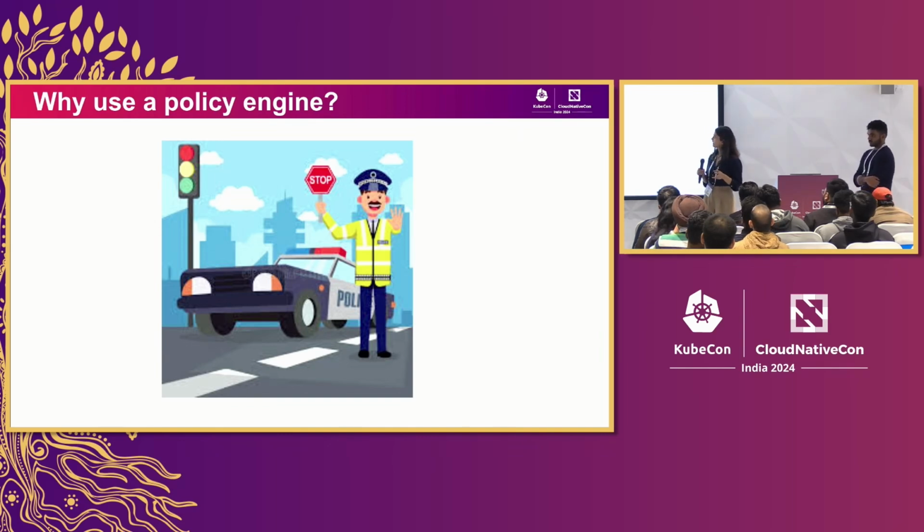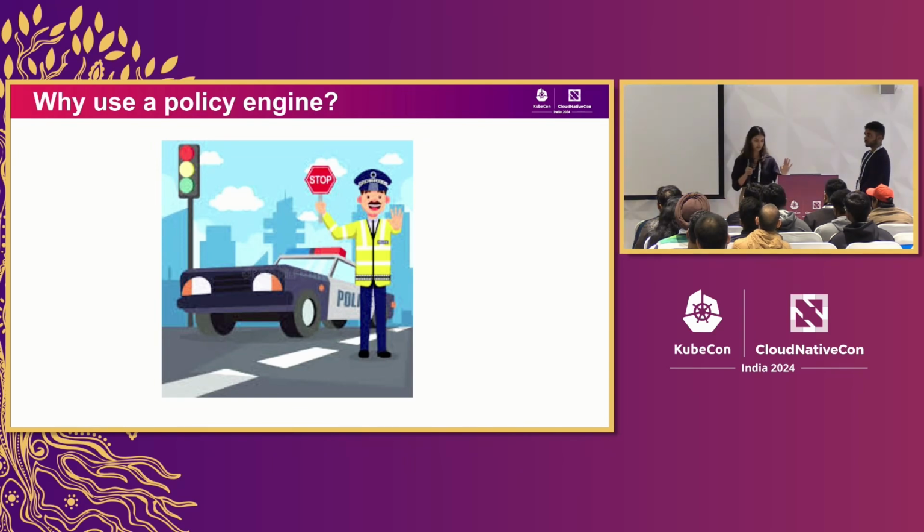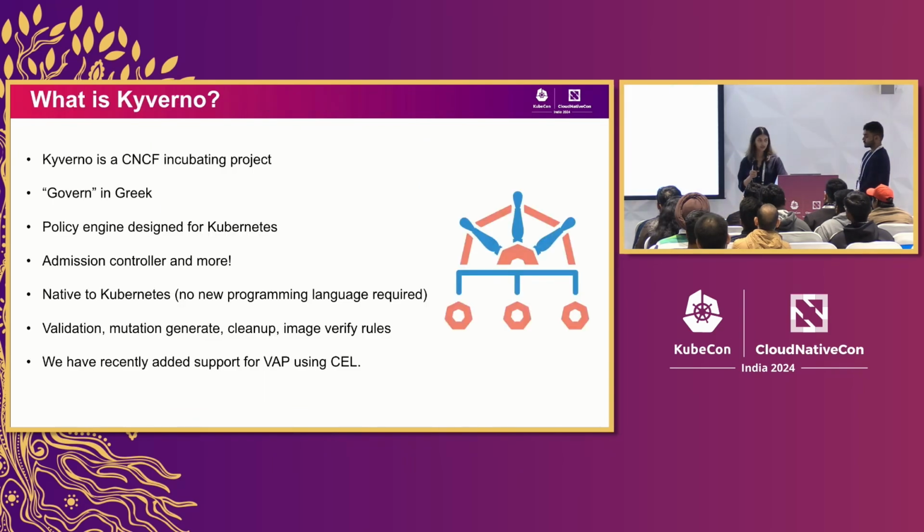Similarly, a policy engine will play the same role for your workloads, for your clusters. A policy engine will make sure whatever rules you've defined in the beginning, your workload complies with them. It will sit on top of your workload, make sure nothing wrong goes in, make sure everything is as you would expect it. No surprises, no heart attacks all of a sudden. So that's a policy engine.